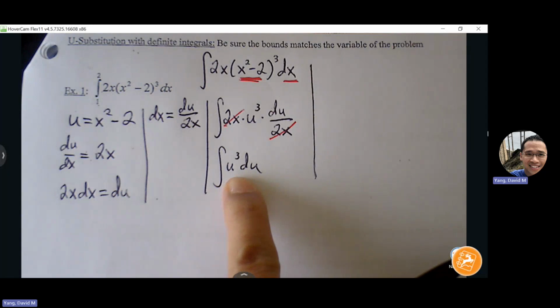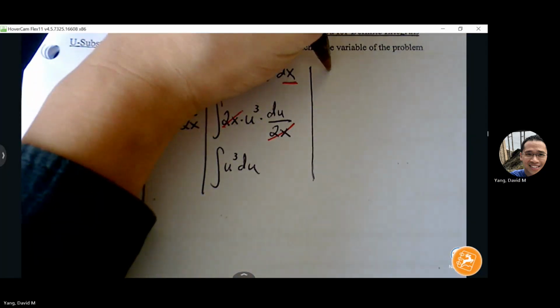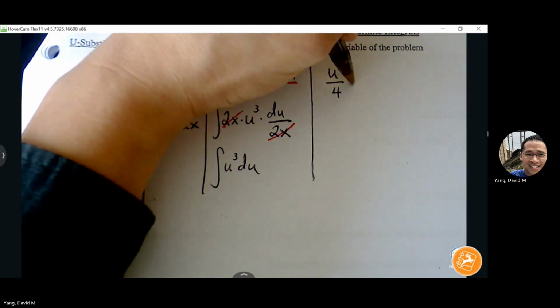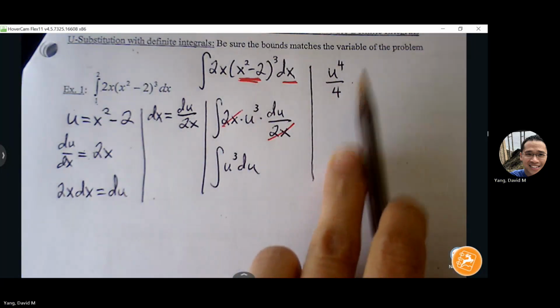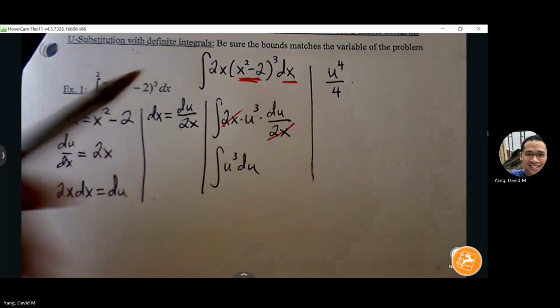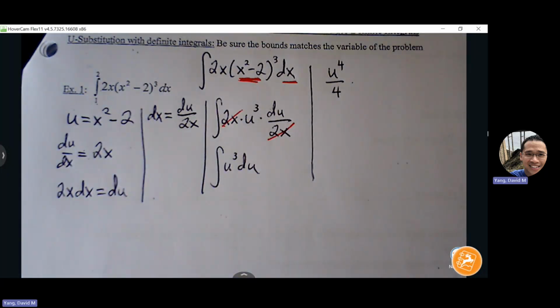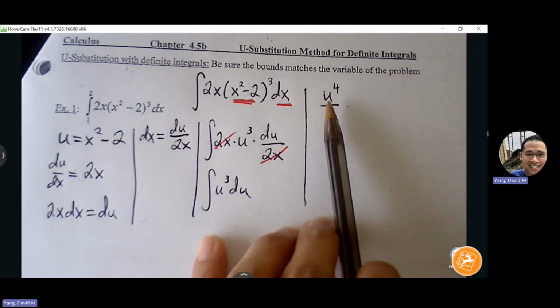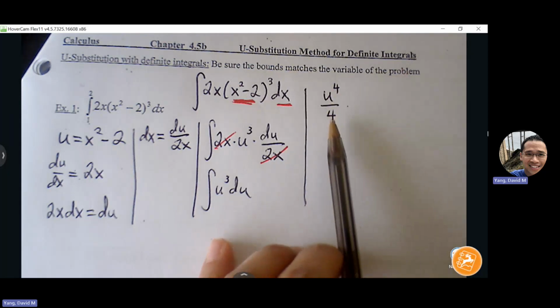What rule can we use for this? Power rule. Okay. U to the third becomes u to the fourth over 4. Normally you would do a what? A plus c. In this case, there's no plus c because we know there's bounds. That plus c will just go away. Okay. We have our answer, well, before the bounds. But we started with which variable?